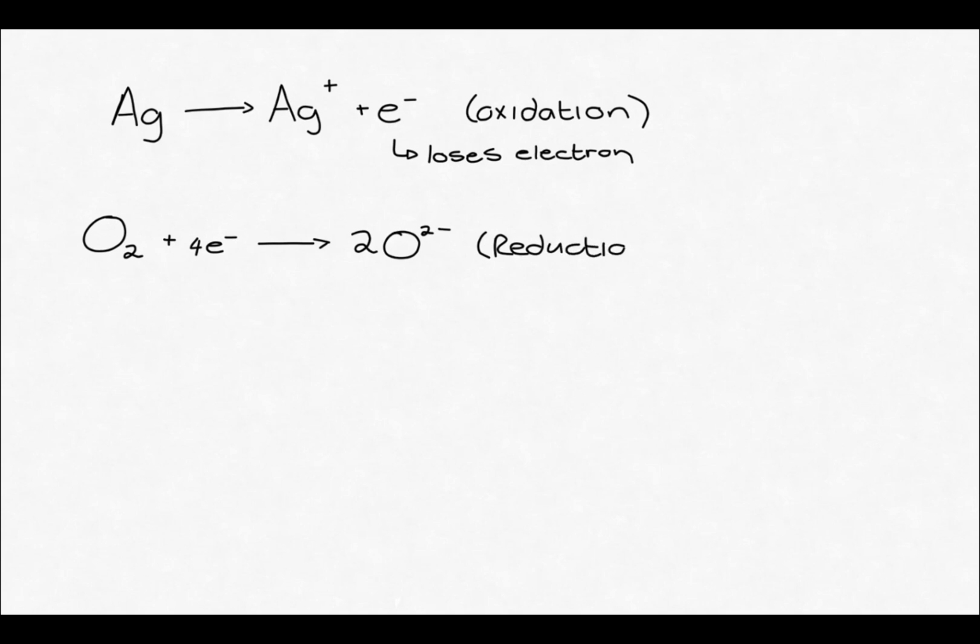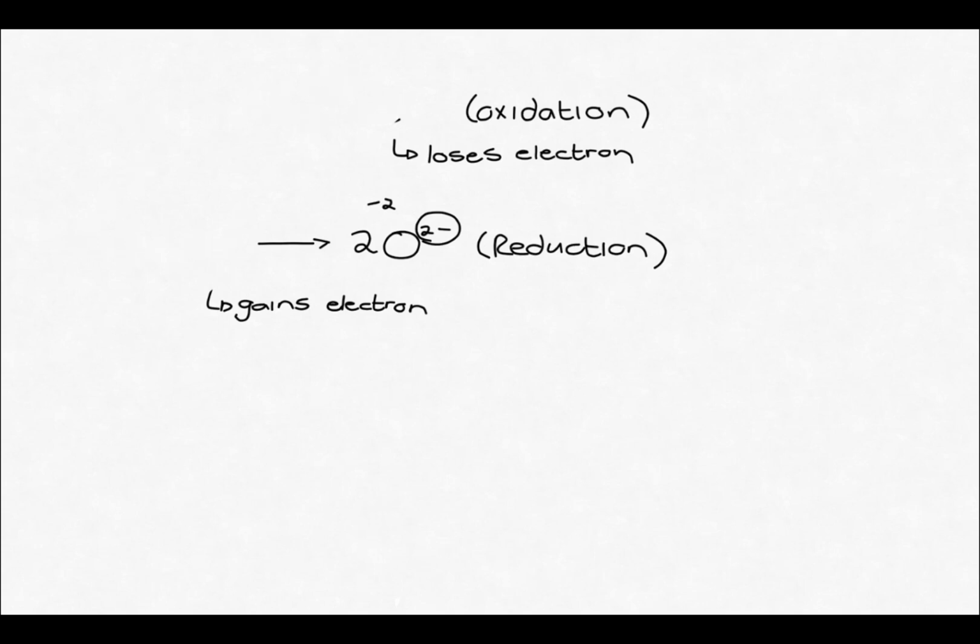Reduction is gain, so because it's gaining electrons, a reduction is occurring. Here we can see that silver goes from 0 to +1, so it loses an electron, whereas oxygen goes from 0 to -2, meaning that it gained 2 electrons. So that would be reduction.